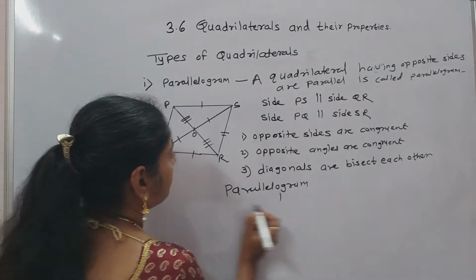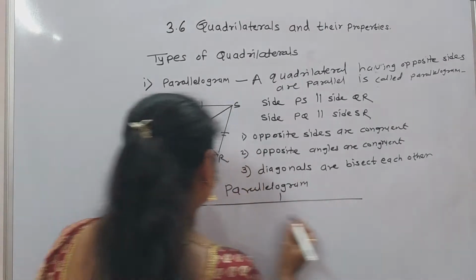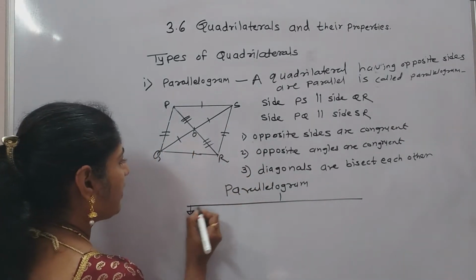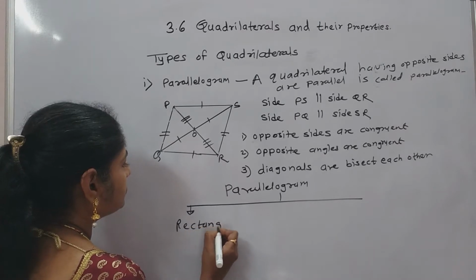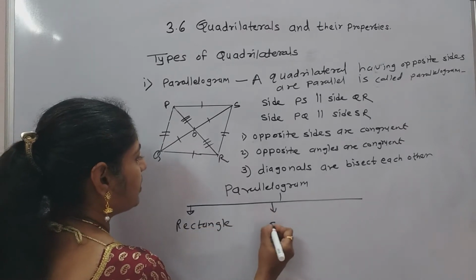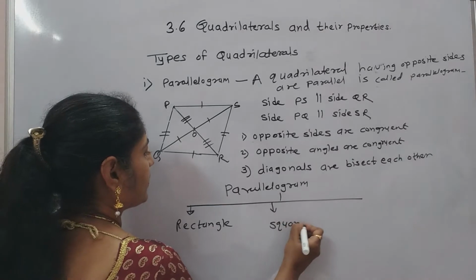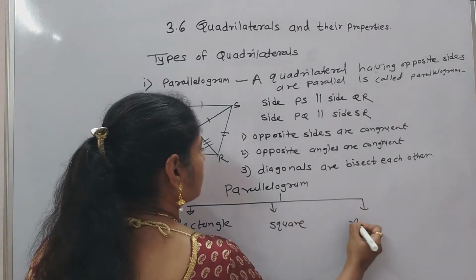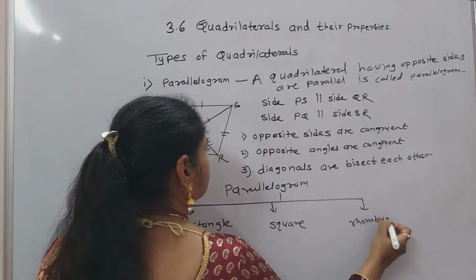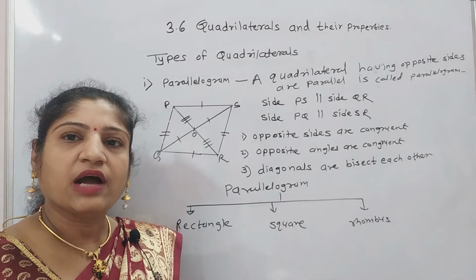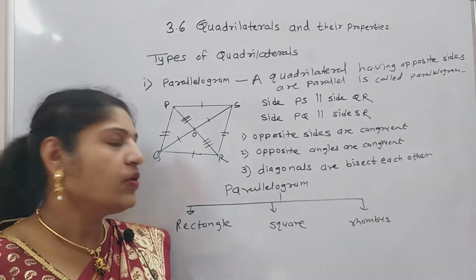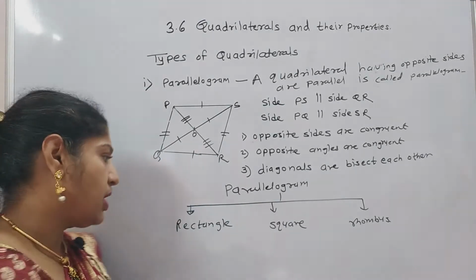The parallelogram is divided into three types. A parallelogram may be a rectangle, it may be a square, it may be a rhombus.